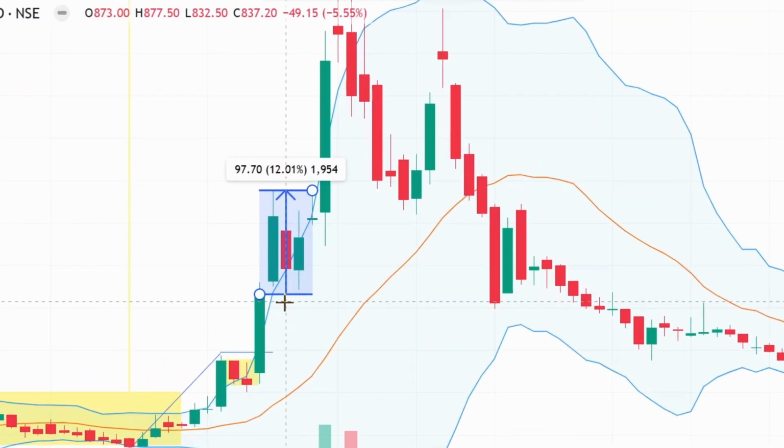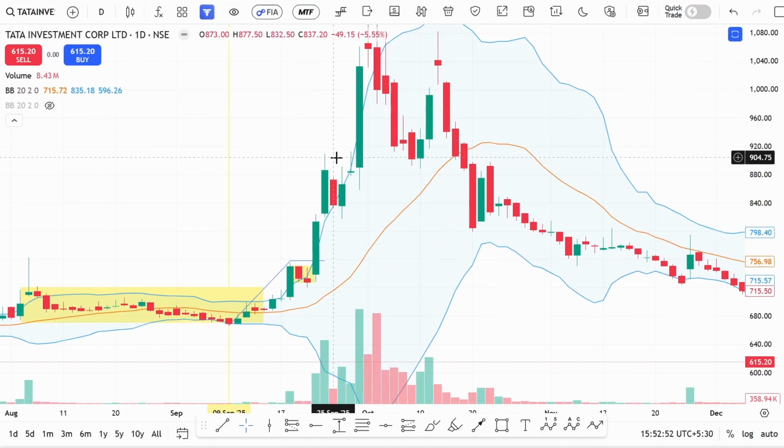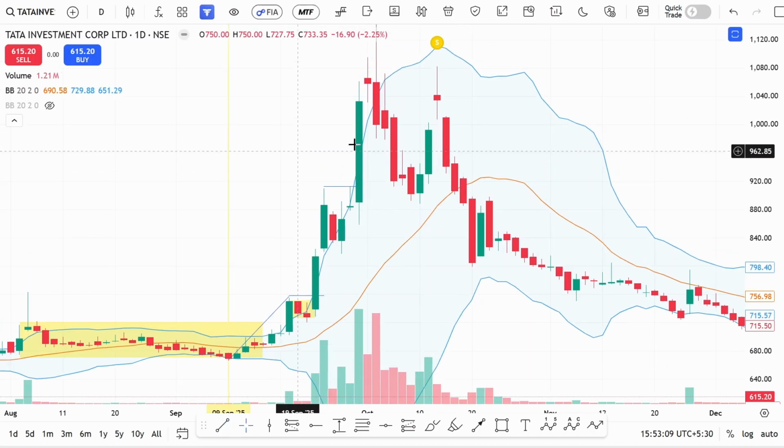We want around 3%, 5%, and we can take an exit. After rallying 12%, as I said, wave 3 is a very powerful wave. We get two types of entries. One is the wave 1 high breakout, which is the very beginning stage of wave 3, and then the wave 3 will expand. So we get the wave 3 expand entry, or wave 3 extension entry, as I call it.